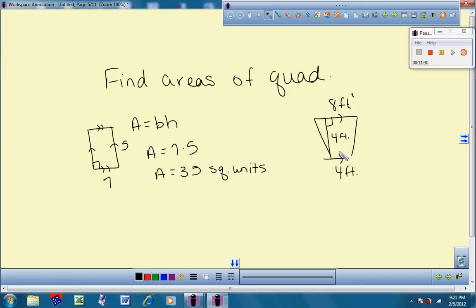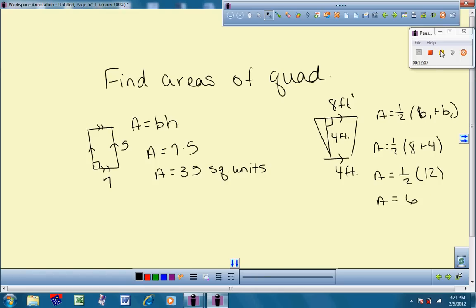Alright, to find the area of a trapezoid, it is going to be 1/2 of the sum of your two bases. So our base 1 plus base 2. So we would say area is equal to 1/2 of 8 plus 4. One-half of 12 is going to yield us 6.